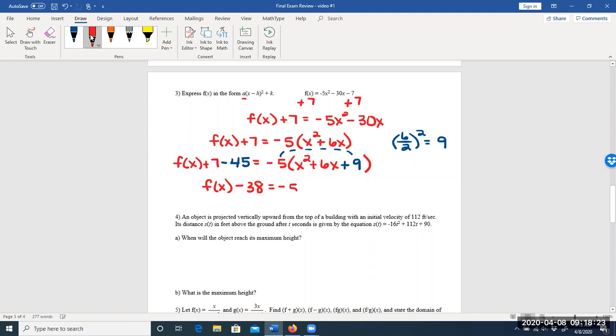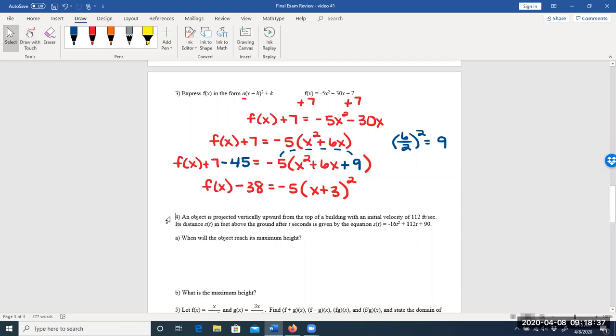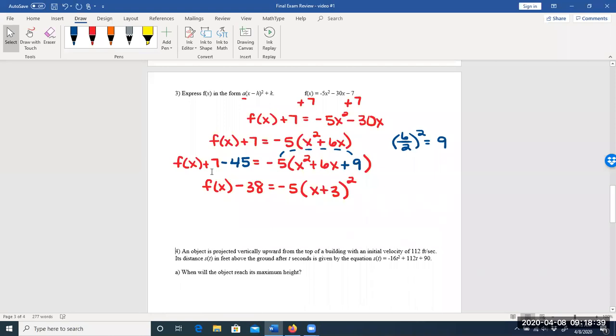And then over here on the right, I am able to factor x squared plus 6x plus 9 as x plus 3 quantity squared. Down a little bit. There's just one more step.